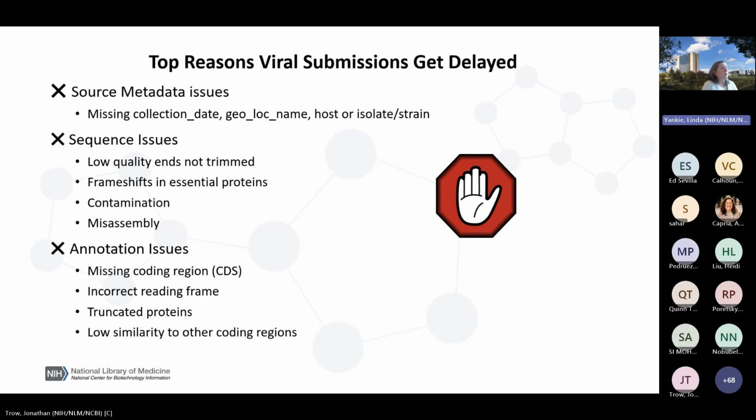While we've included more directed submission dialogues, clearer help documentation, and more built-in validations into our new submission tool, prior sequence analysis is still an important step to success. Every tool that Genbank staff uses for analysis and validation is publicly available and can be used prior to submission. Next slide.